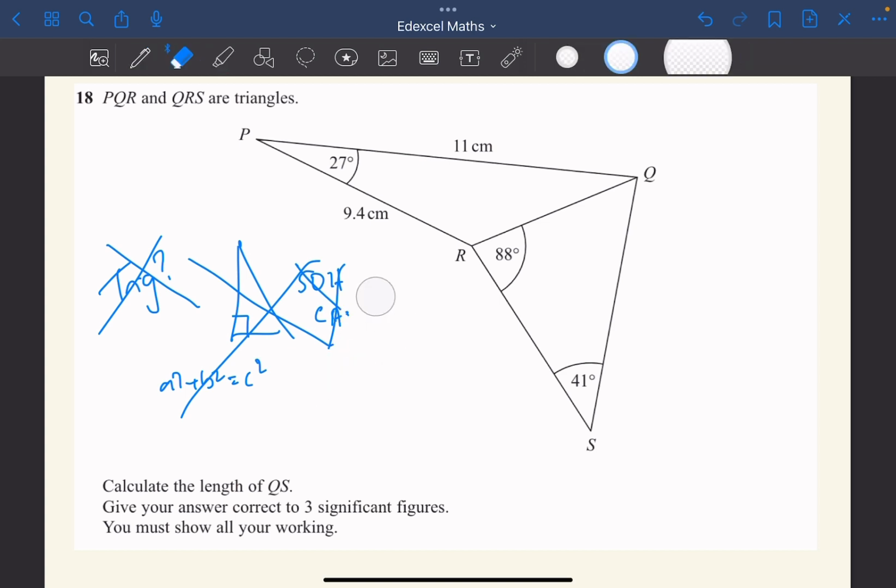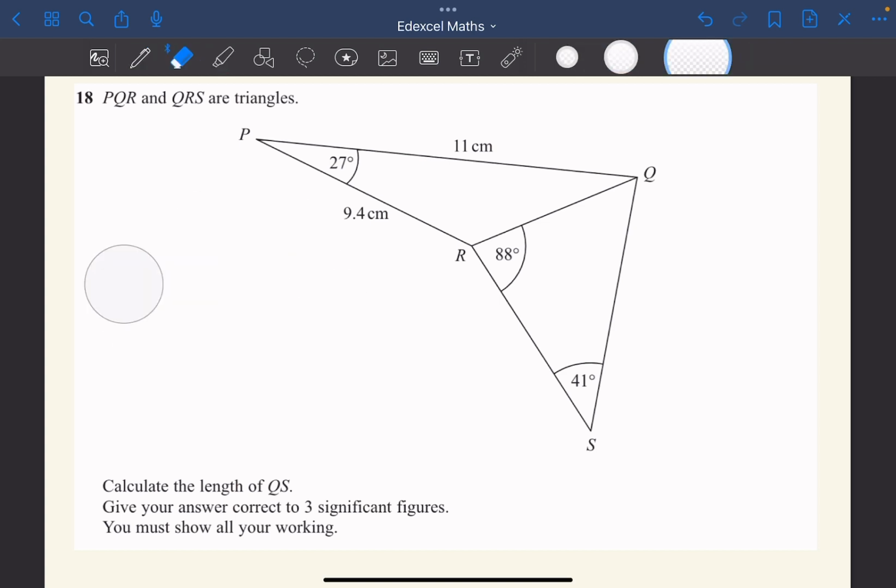So we've basically got to find a bunch of angles and lengths using the formulas that we know. Unfortunately, the formulas that we need here are not in the formula booklet. They rely on our memorization, and those are the sine and cosine rules.